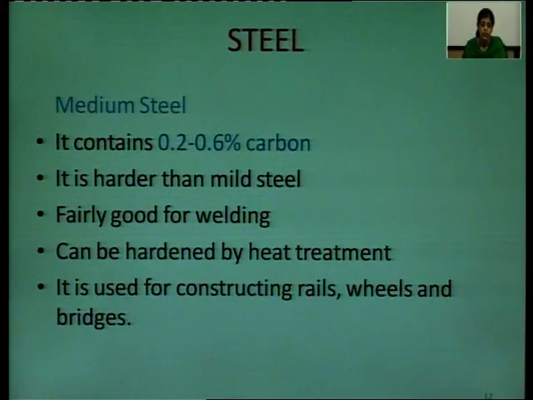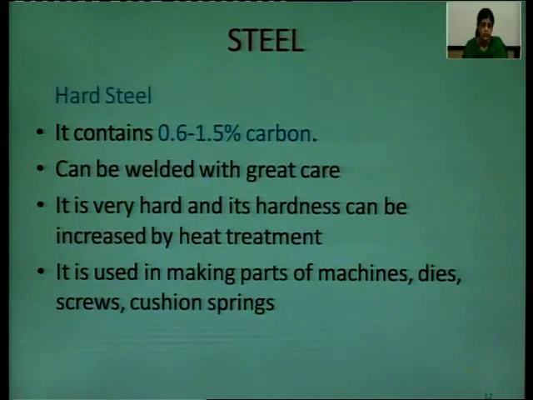Then the third type of steel is hard steel. Hard steel contains 0.6 to 1.5% carbon. It is more than mild steel and medium steel. This can be welded with great care. In this case, welding is not easy. It has to be welded with care.